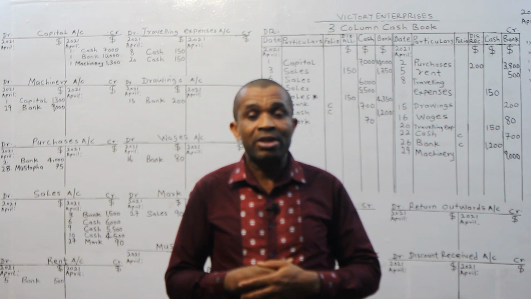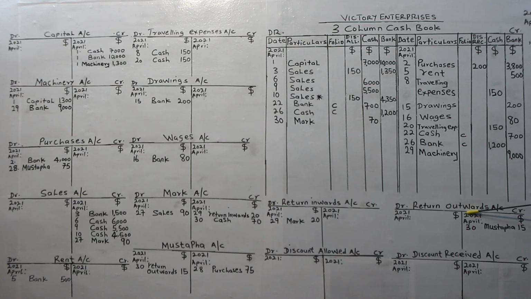What is the accounting record here? The return outwards account will be credited for returning the goods to Mustafa, while Mustafa's account will be debited for receiving such goods returned. The return outwards account, or the purchases returns account, which we usually use to return goods that were previously purchased, is credited with $15 goods sent back to Mustafa that we previously purchased on credit.